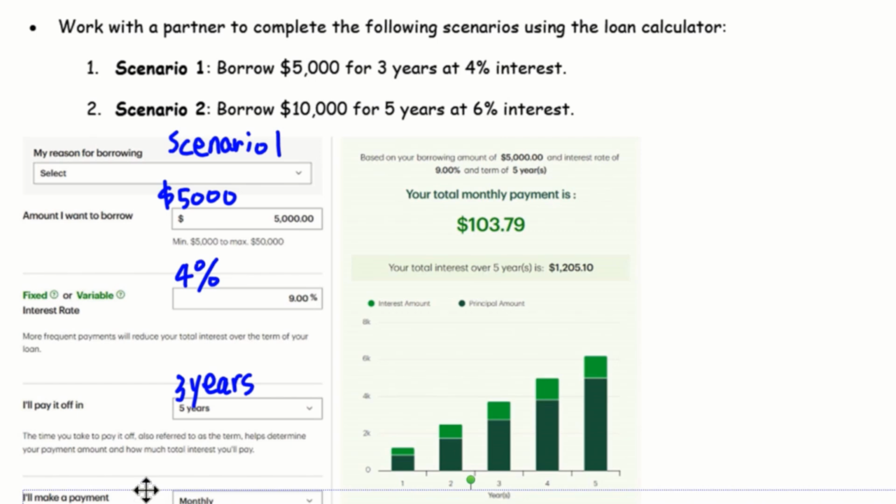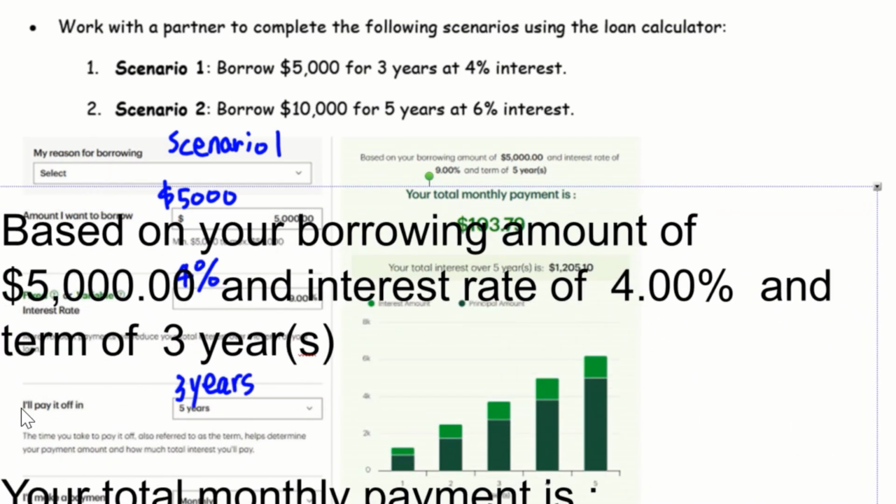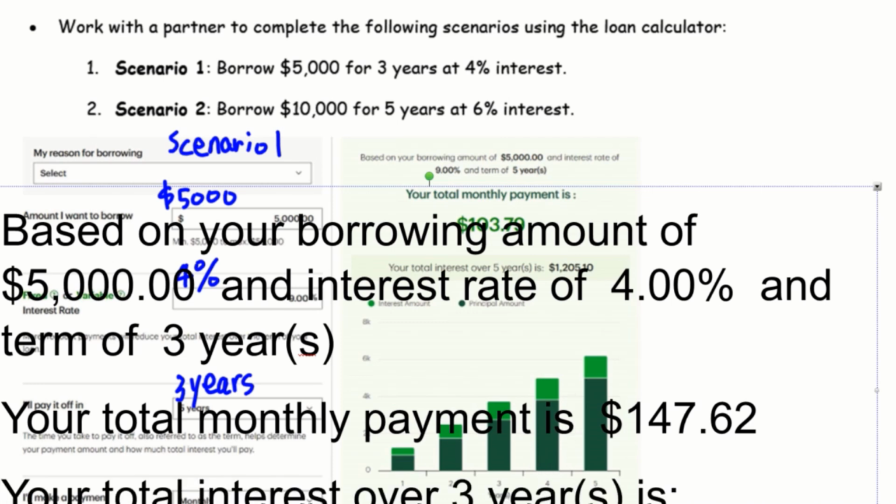Based on your borrowed amount, your monthly payment is $147.62, and your total interest over 3 years is $309.